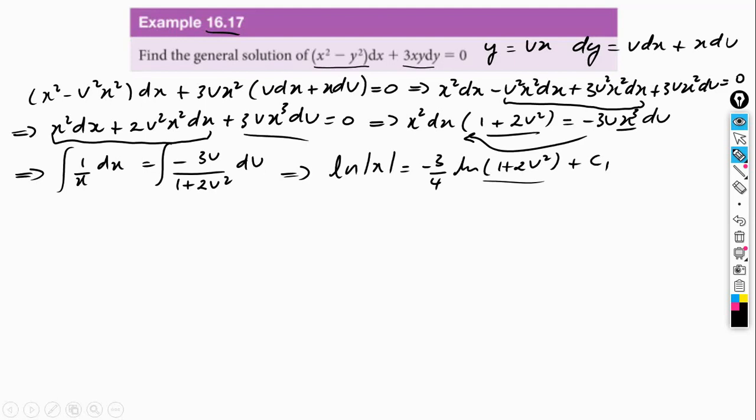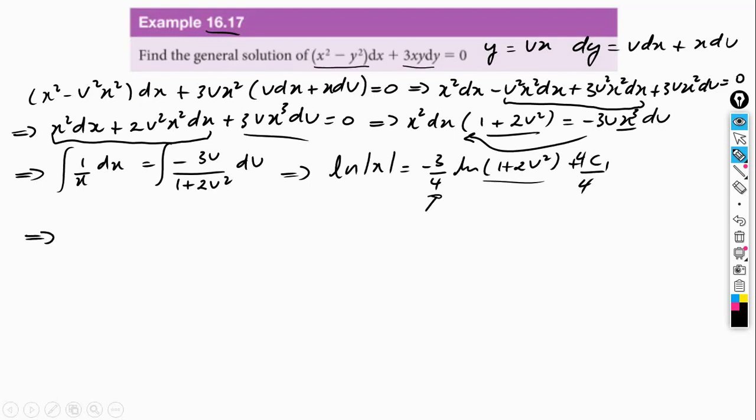Okay, so now we are going to use the properties of logarithms. But first, notice that we can rewrite this as 4 times c1 over 4, and that will allow us to send this 4 to multiply to the other side.